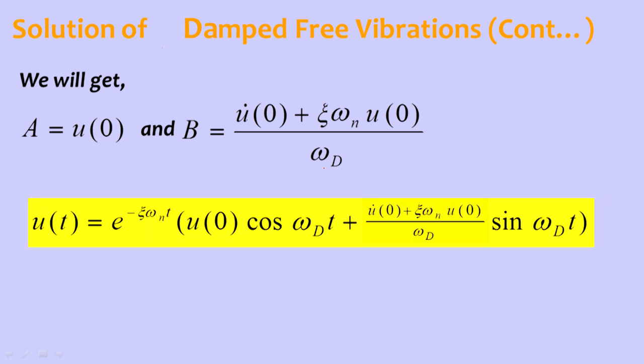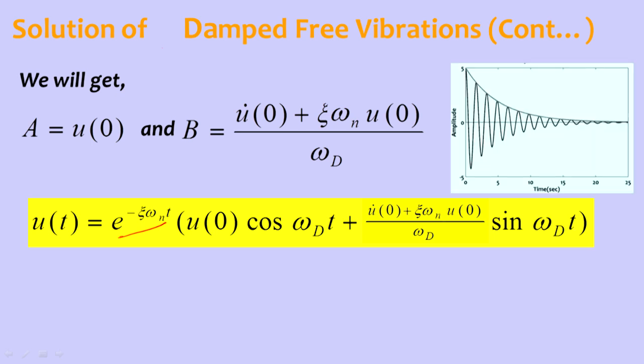If we substitute these two things in the proposed equation, we get this big equation which contains two terms. One is e to the power of minus zeta omega n t, which is the envelope function, and then u0 cos omega d t plus (u dot 0 plus zeta omega n u0) by omega d into sin omega d t.